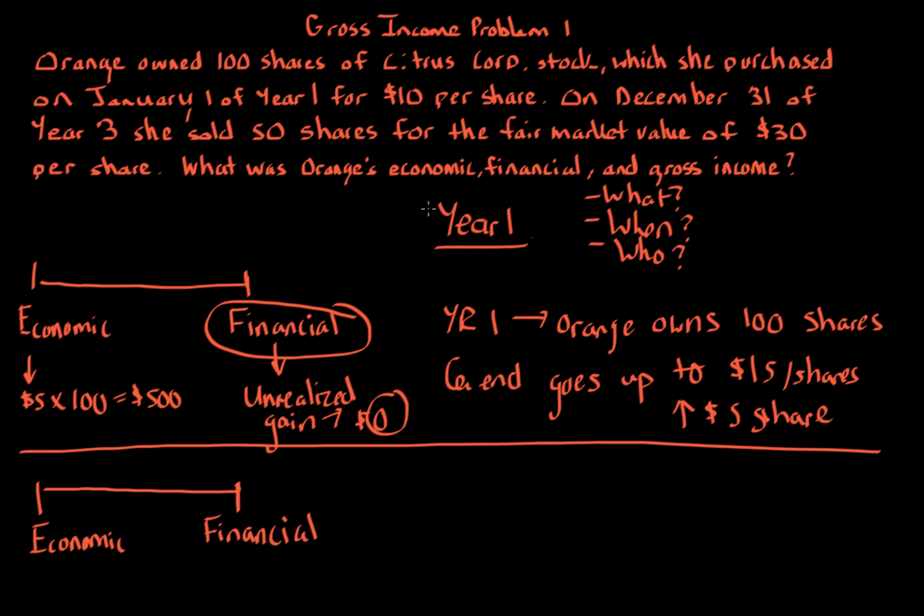So we saw in year one when the value went up, but there was no economic event, the financial income was $0, and that was the same for tax purposes because we did not have a realization event.